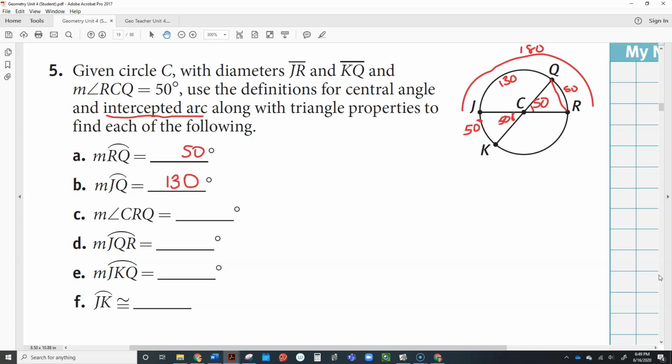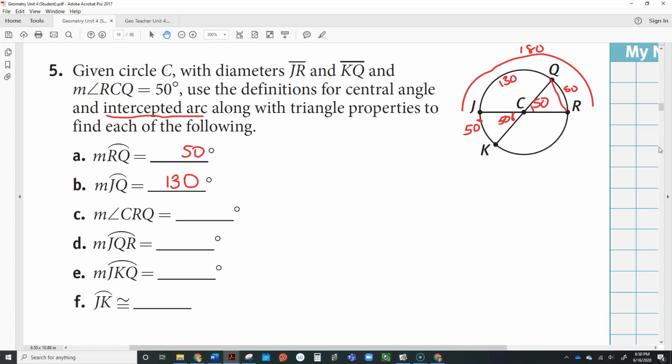Now, this is a very tricky question because we now have a triangle, okay? And we need to know what kind of triangle it is. Because two of the legs of that triangle are made out of a radius. CR is a radius and CQ is a radius.